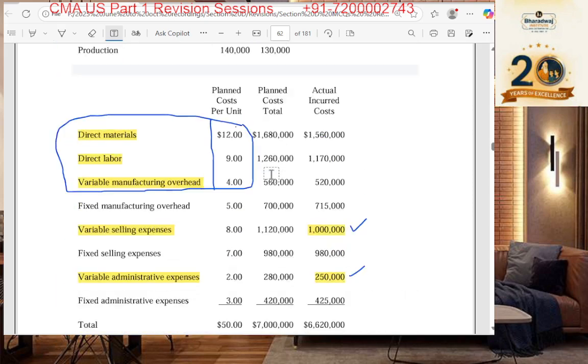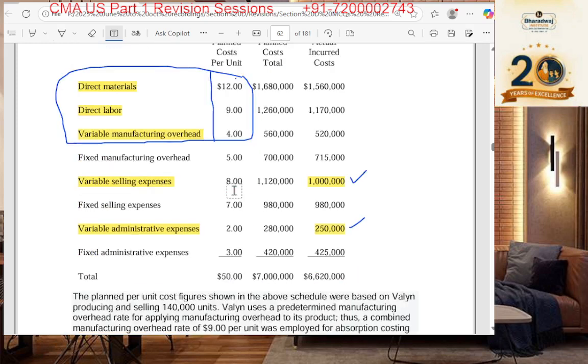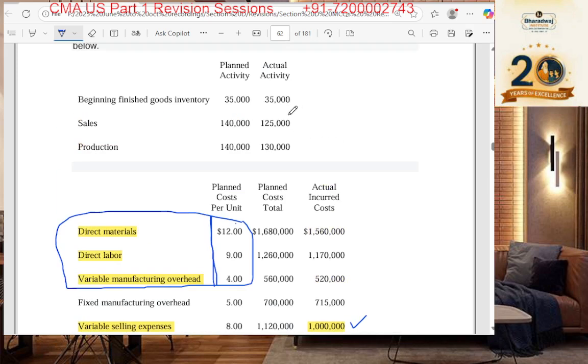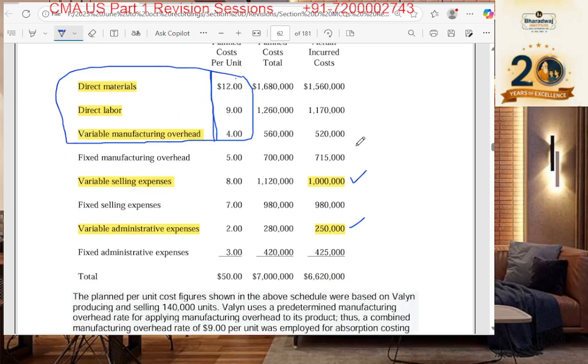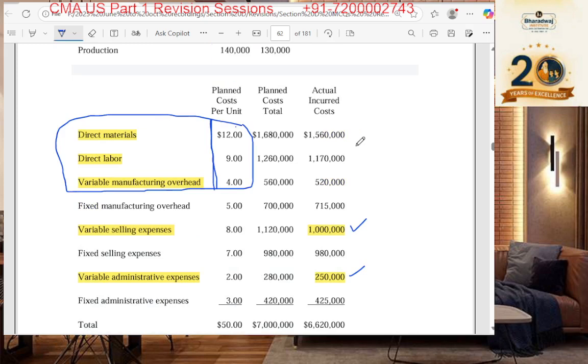12 plus 9 plus 4 is 25, into how many units? 1,25,000. The balance would have been included in the inventory.